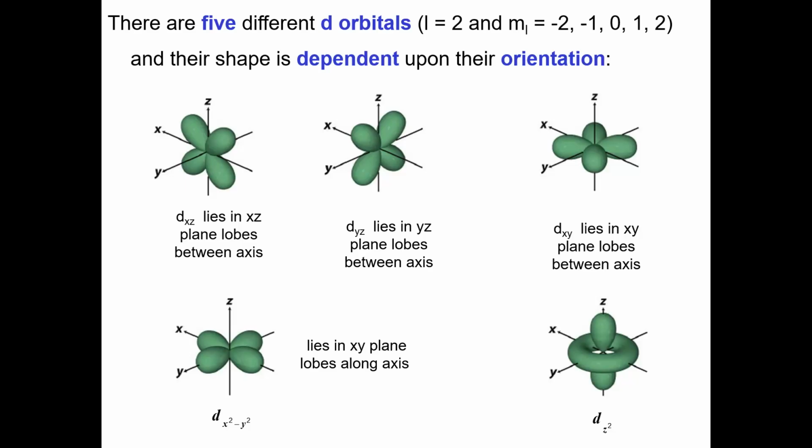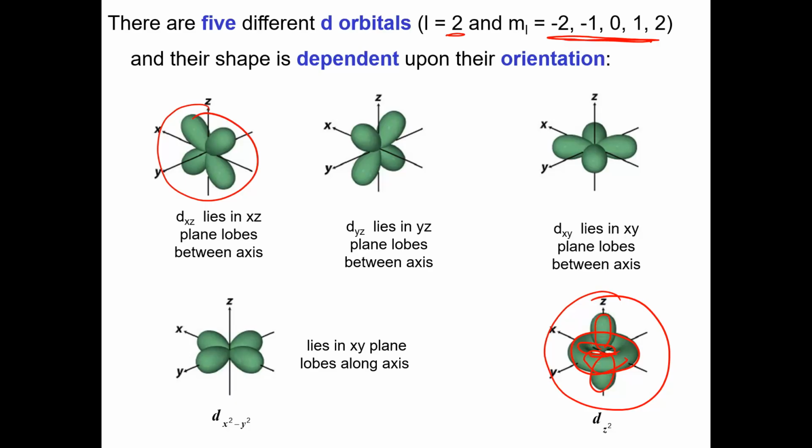Now, for an electron that's in a D subshell, L equals 2, and there are 5 possible orientations. The typical shape of a D orbital has 4 lobes in a clover leaf arrangement, but we do notice one exception where it looks almost like a P orbital, and then there's an additional torus around the middle, bisecting those two lobes.